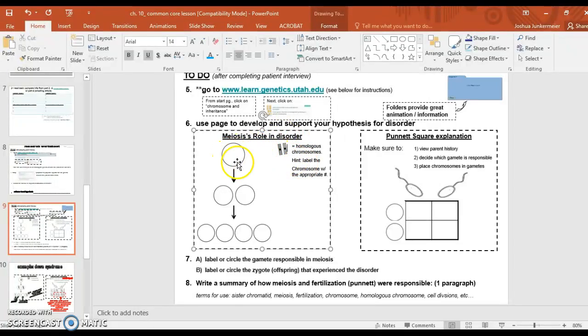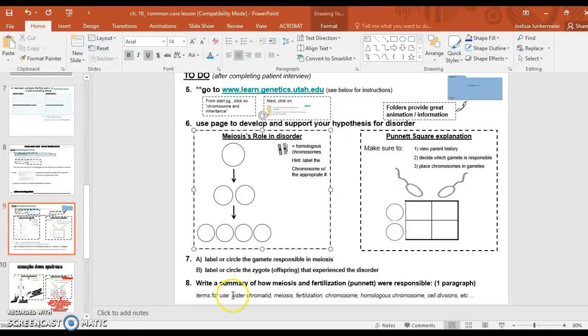You'd place them in the starting position right here, and then you slowly show them divide. Now for Down syndrome, my job would be to draw and show the homologous chromosomes separating, except that in one of these, the homologous chromosomes didn't separate, and one egg would end up getting more than it should because the homologous chromosomes didn't separate into individual sister chromatids.